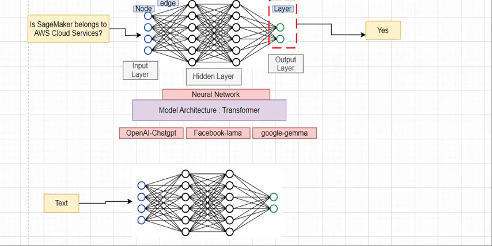Whatever the given text input is, that input will be taken by the input layer nodes. Then that input text will be converted into small chunks of tokens. So how will our data be converted? It will first be converted into small chunks of tokens.